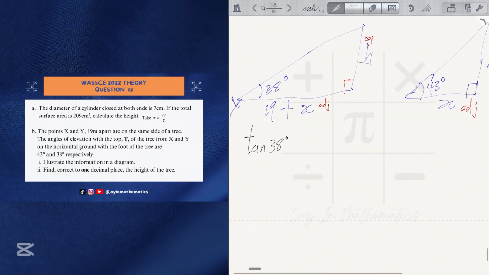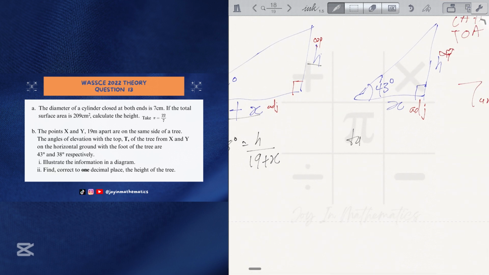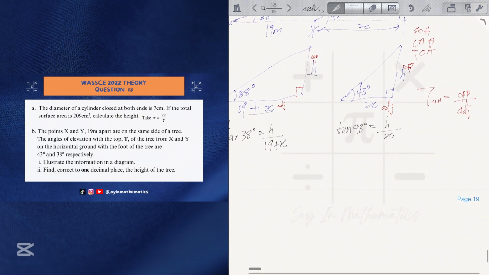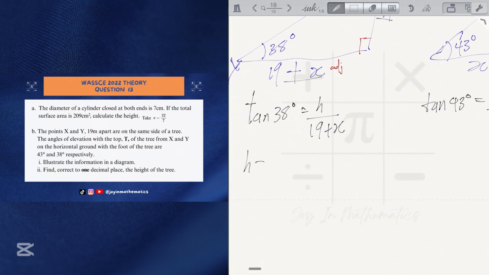The opposite here is h, the adjacent is 19 plus x, and in the same vein, tan 43 degrees, the opposite is h and the adjacent is x. So now we have the value of h is equals to tan 38 degrees multiplied by 19 plus x.